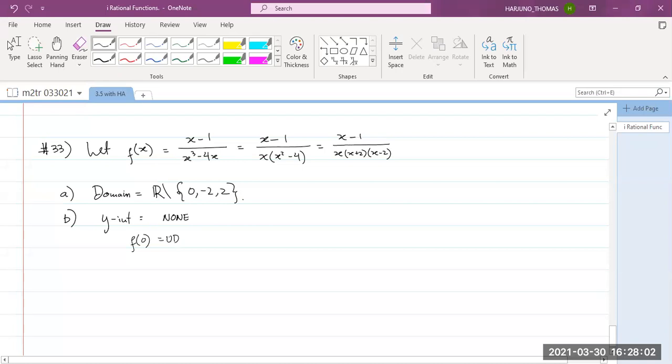Right? f(0) is undefined. How about the x-intercept? So the x-intercept will be 1, 0. Part D, vertical asymptotes will be x equals 0, x equals -2, x equals 2.